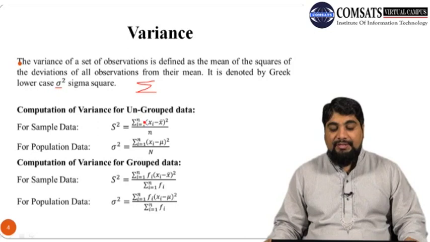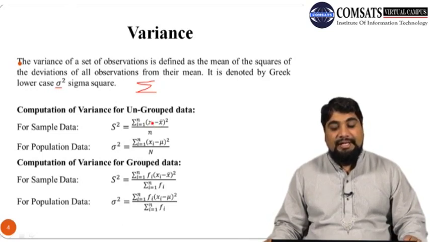If we look at this formula closely we can see that x bar, which is the mean, is being subtracted from each of the observations x1, x2, x3 up to xn.